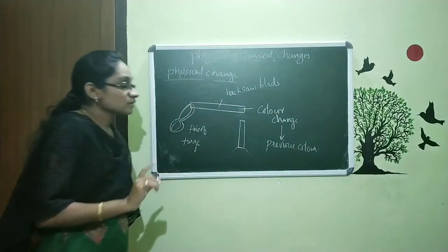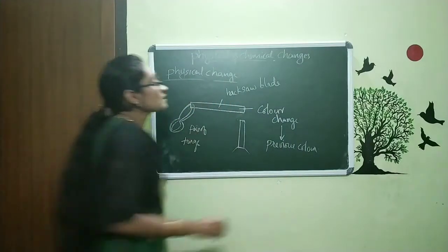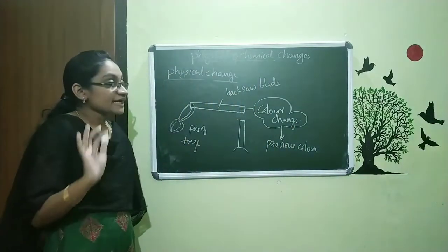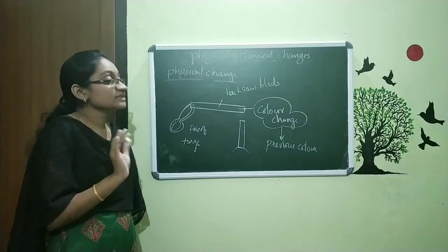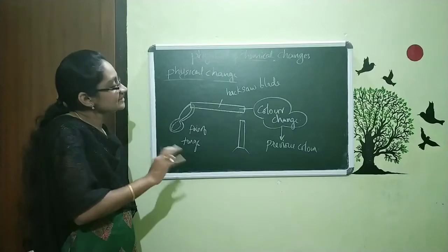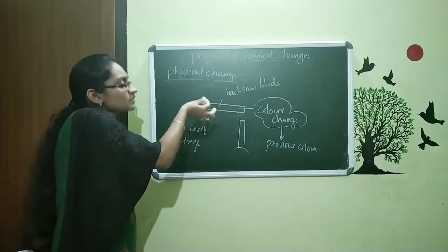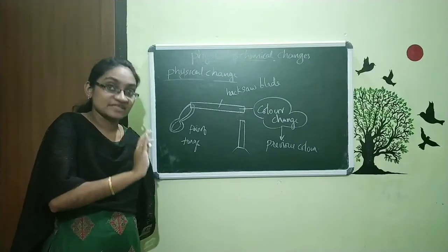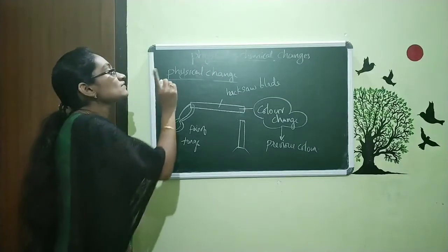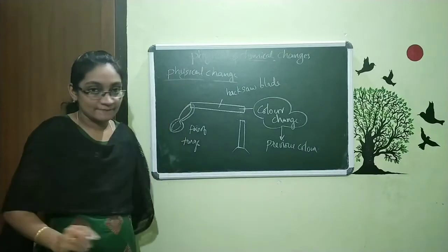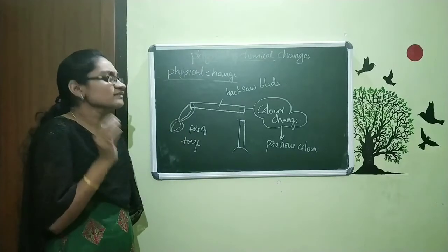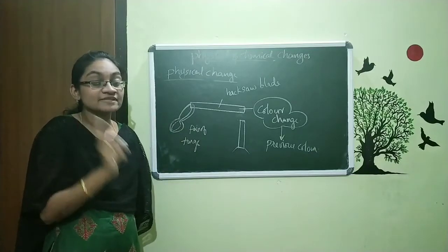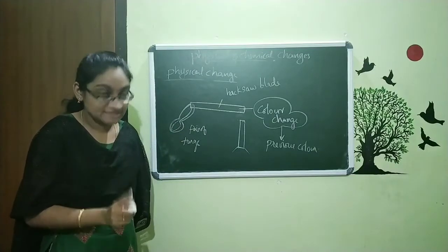Here also within the time there occurs a color change, but the chemical properties are not at all changed. At the initial stage and the final stage, somehow there occurs some color change, but still it just goes back to the previous stage. This is also one physical change example. Here also the change occurs with the color, but no change occurs with the chemical properties.